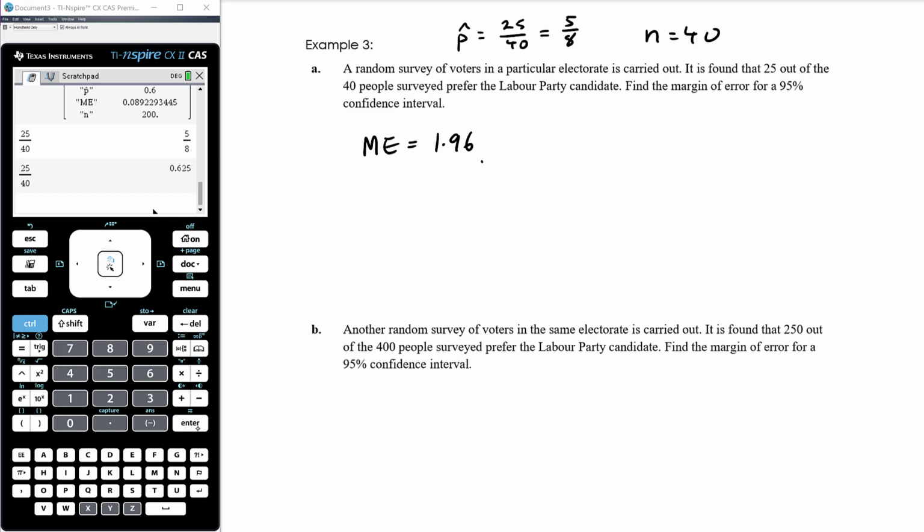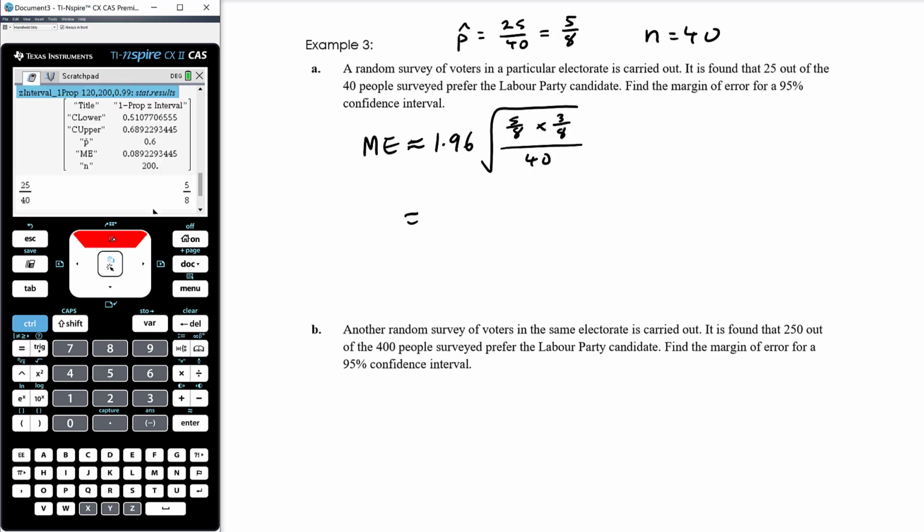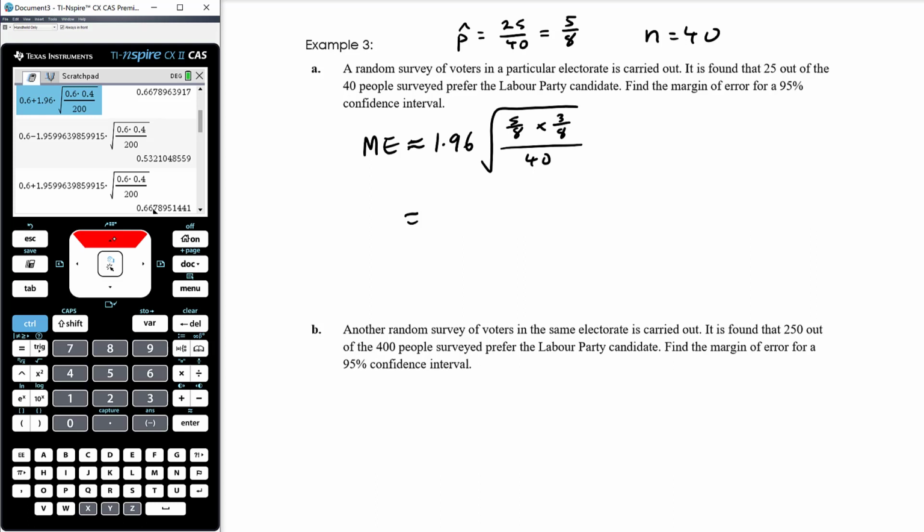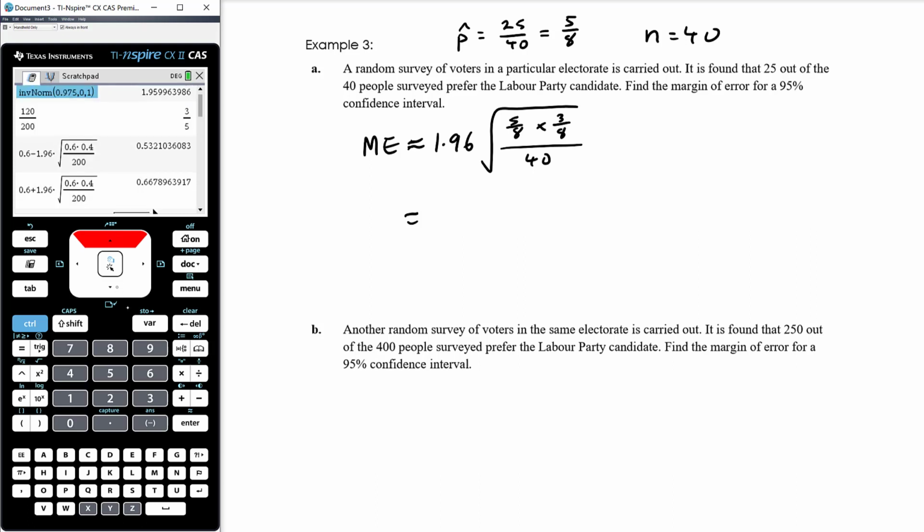Okay, so our margin of error is going to be p, which is 5/8, times 1 minus p, which is 3/8, divided by n, which is 40. And it is approximate because we rounded that 1.96. Okay, so I'm going to go up and get my 1.96, which is right at the top now. There it is.